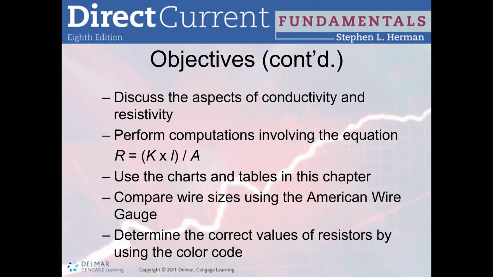We are going to be using an equation today: R, meaning resistance, is equal to K, where K is a constant factor that we are going to find in a table that I'm going to show you later today. R equals K times length divided by the area.